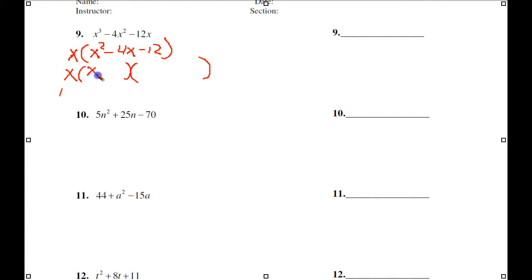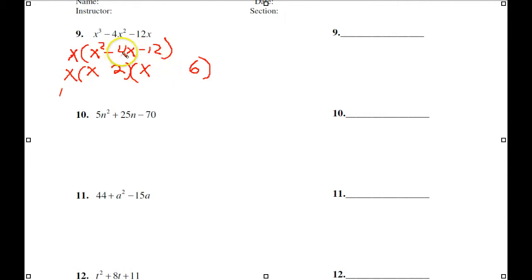So an x there, an x there, factors of 12 that somehow give me a 4. Well, I went mentally, I'm going to put a 6 there and a 2 there because I know the difference of a 2 and a 6 is a 4. And notice that my third term here is negative. So in order for that to happen, one must be negative, one must be positive.